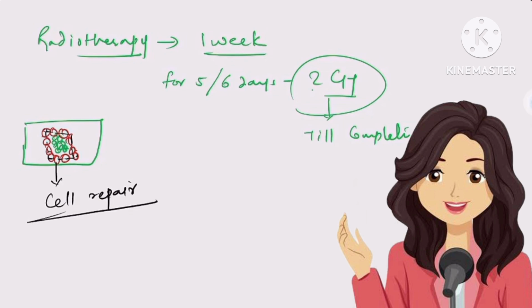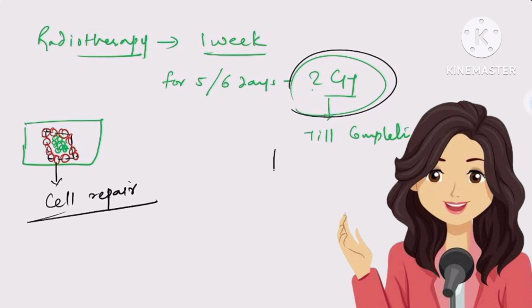But now there are more advanced techniques that have come, which just focus on the tumor cells. All right, but then also there are some cells which are getting affected and they need time to repair themselves. So that is why we give fractionization, or we give doses in fractions.